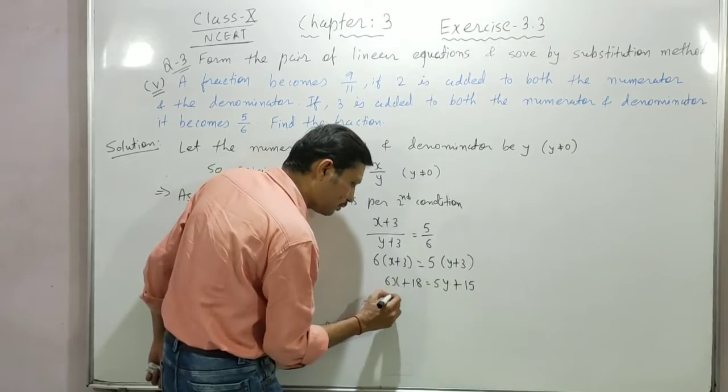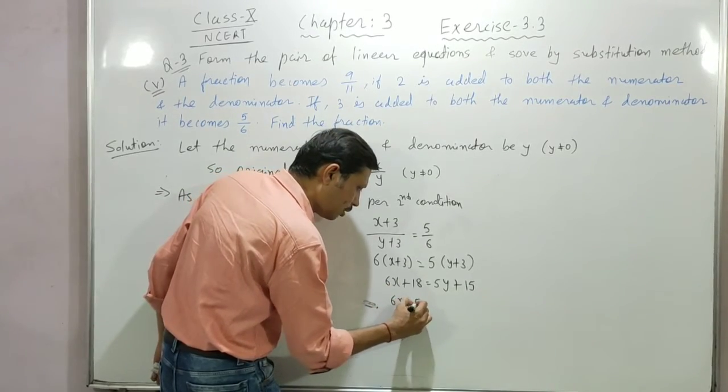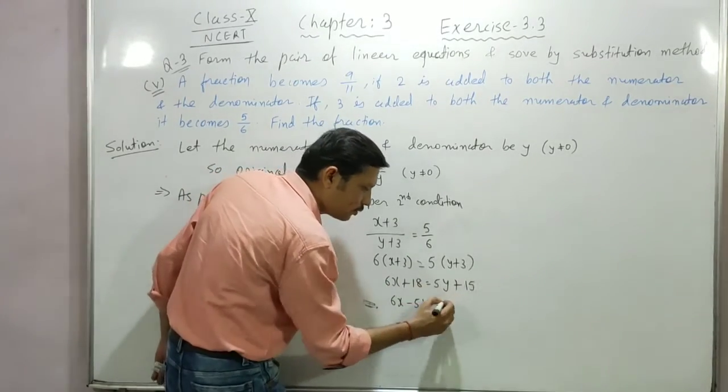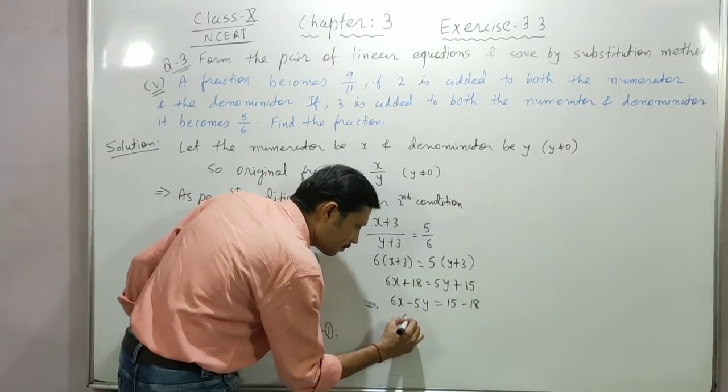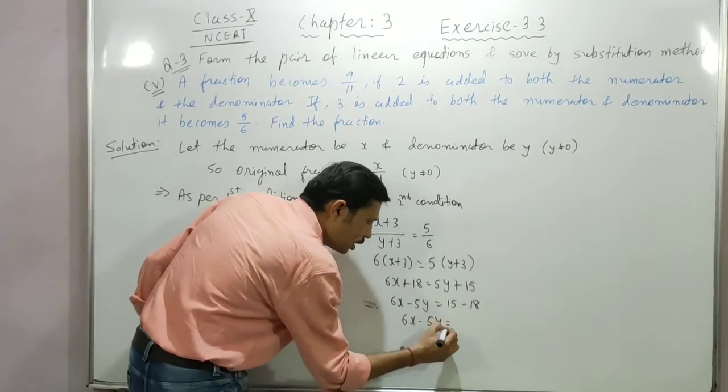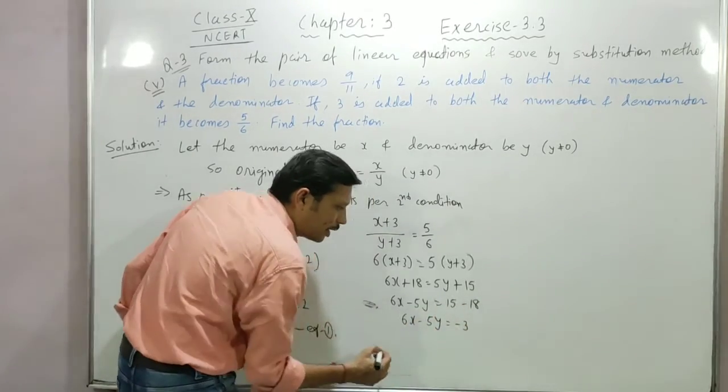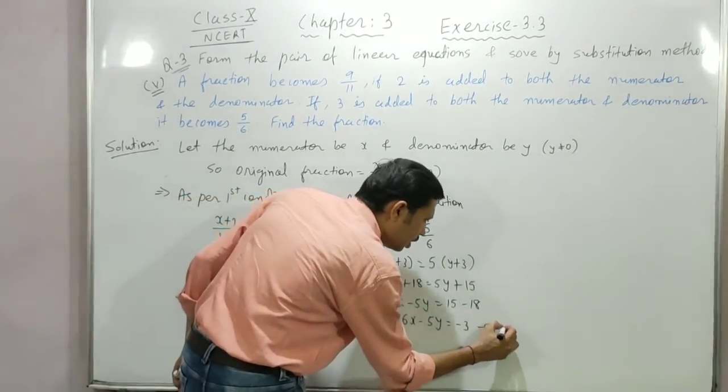Now 5y we will shift here, so 6x minus 5y. 18 we will shift to the right side, it's a minus 18. So 6x minus 5y is equal to 15 minus 18, it will be minus 3. That's my equation number 2.